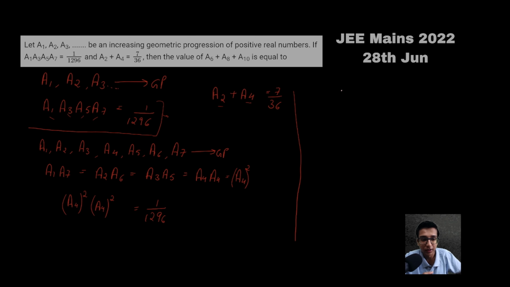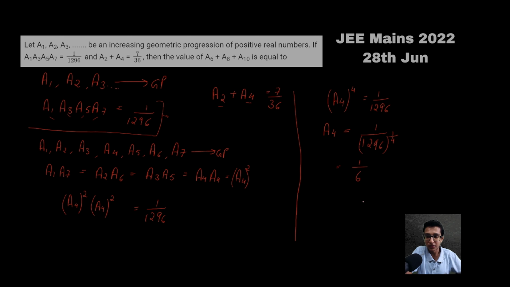Let's solve it here, and we get A4 to the power 4 is equal to 1 by 1296. To find the value of A4, we get 1 by 1296 to the power 1 by 4, which is equal to 1 by 6. Yes, 1 by 6.